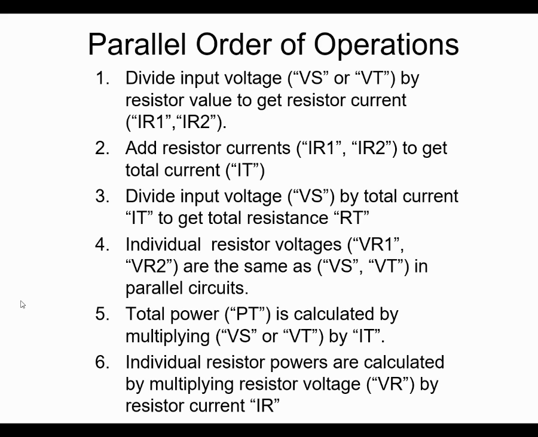That gives you IR1 and IR2, the current across those resistors. So let me go back.